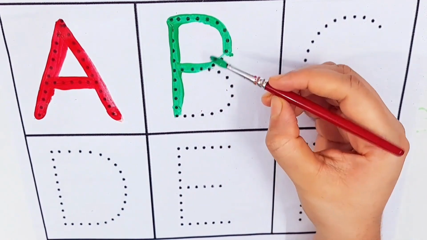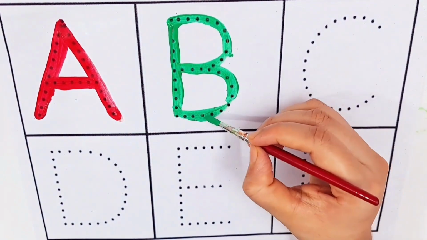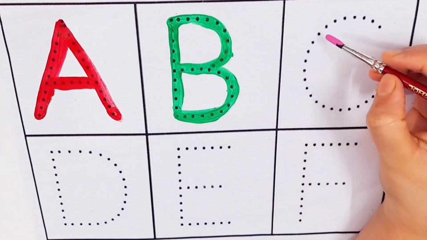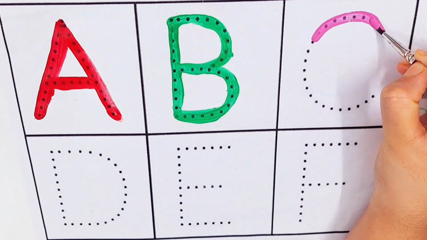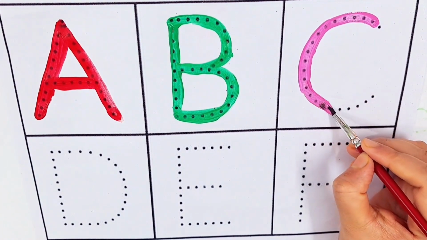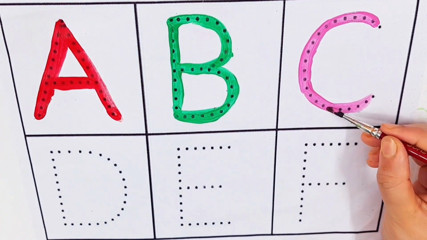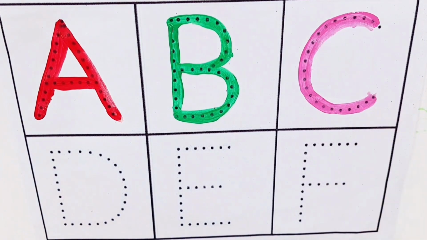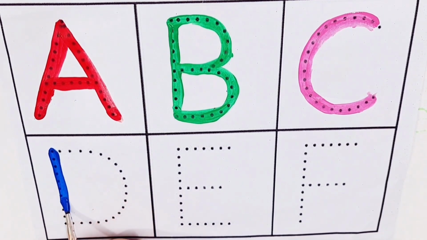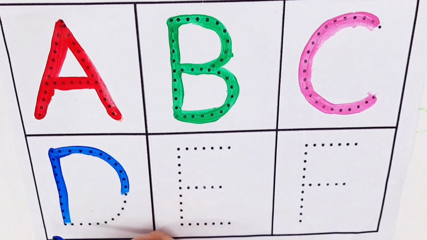B. C. C for candy. C for cherry. C. D. D for dog. D for doll.